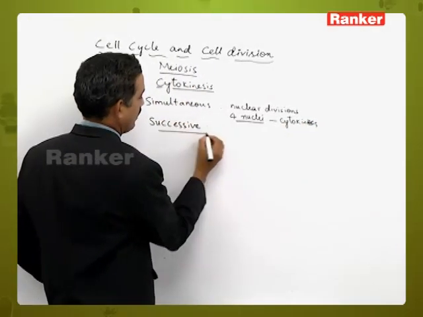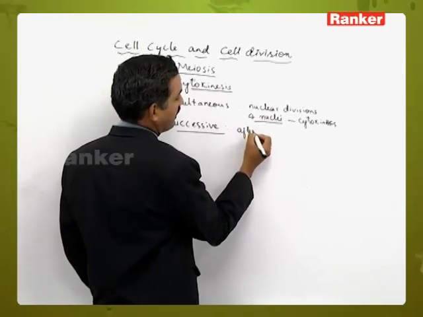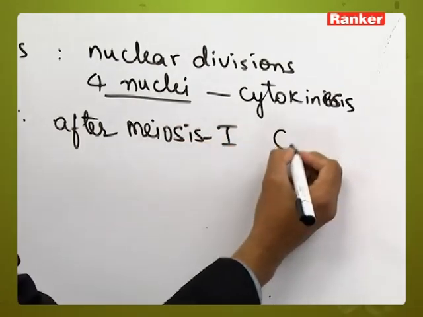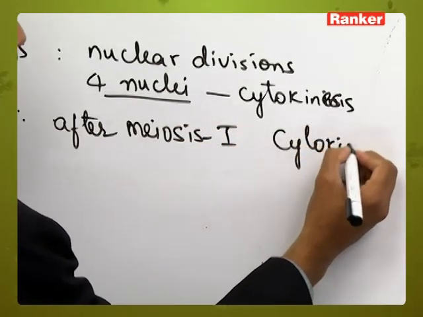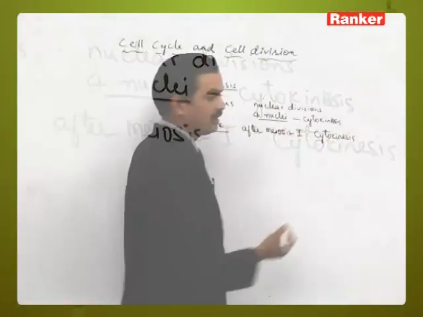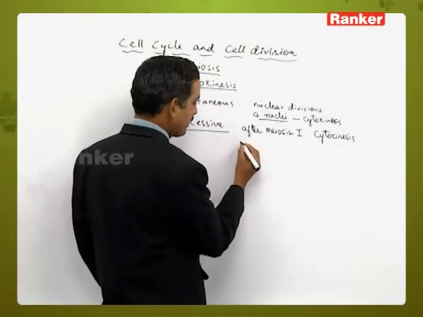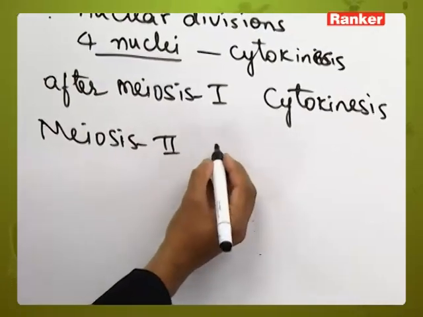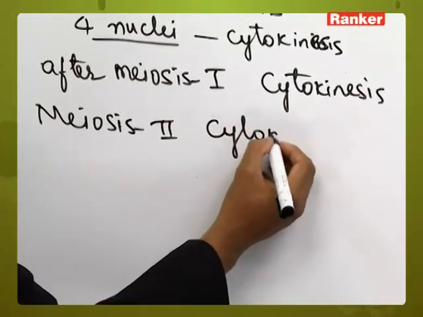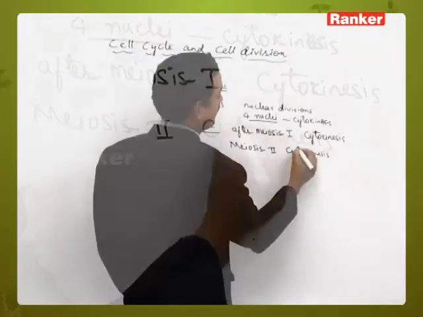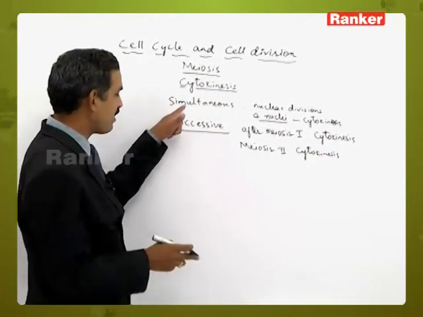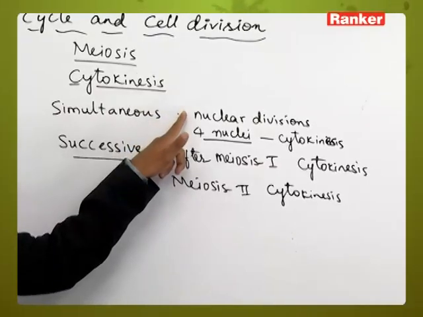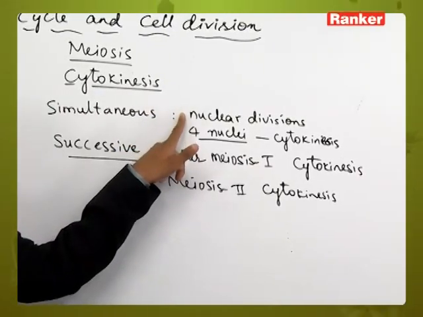Whereas in the successive type, after meiosis 1, cytokinesis will occur, leading to formation of 2 daughter cells. Then meiosis 2 will occur, and after meiosis 2, once again the cytokinesis will take place. In the simultaneous type, the nuclear division takes place twice, but cytokinesis occurs only once, after the completion of meiosis 2.